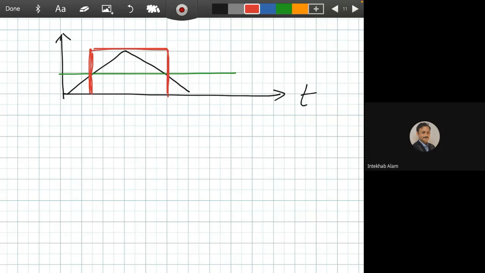So this is 0 to pi, and you can make it.